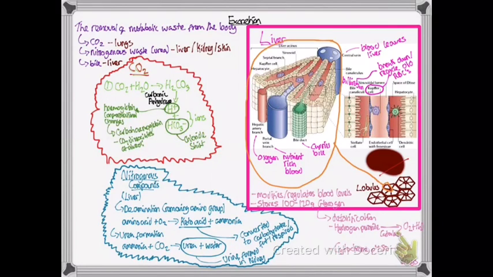I've not written all those down. One thing I did write down is detoxification, but you've got to remember protein synthesis, carbohydrate synthesis, cholesterol synthesis, and production of bile salts.